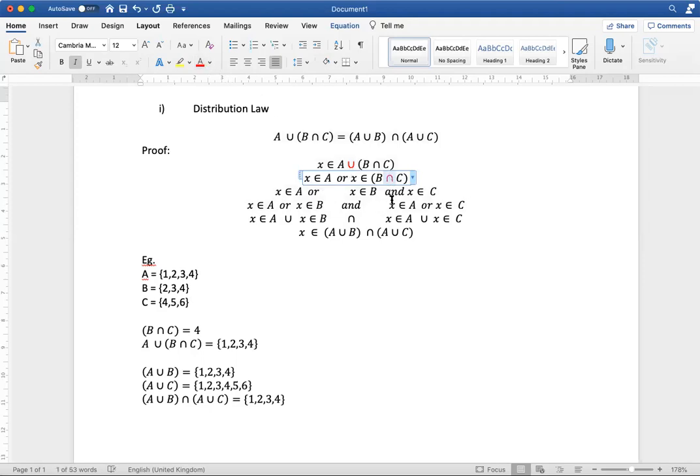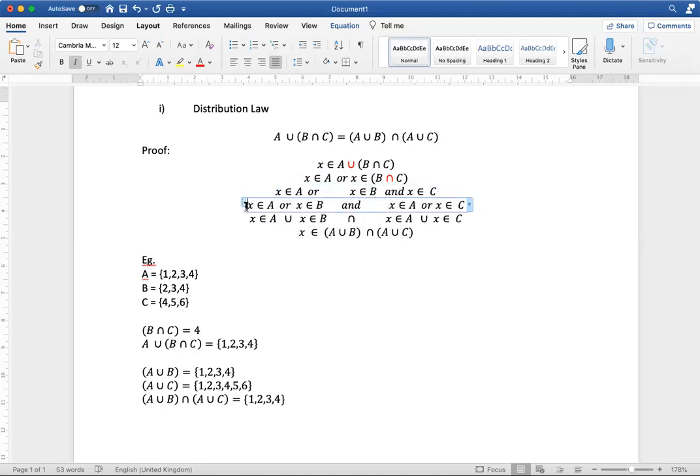So I'm trying to expand this bracket. Now the next step is I'm trying to look at that or relationship. So if these two belong to one group, I can expand this into X belongs to A or X belongs to B, and X belongs to A or X belongs to C. So I'm trying to expand this relationship.